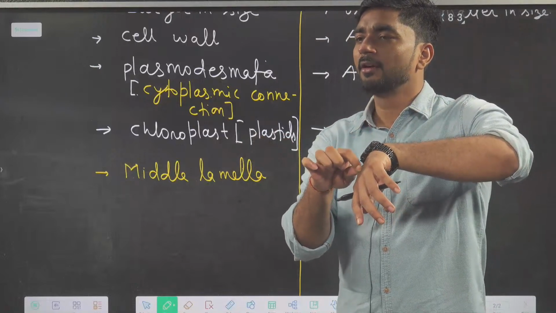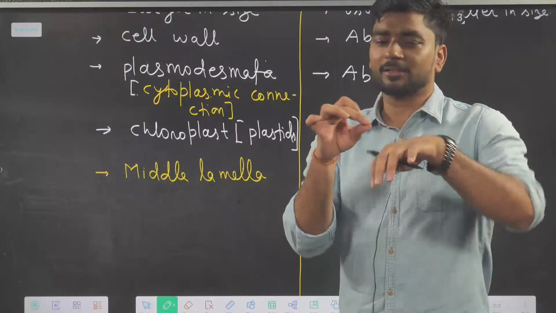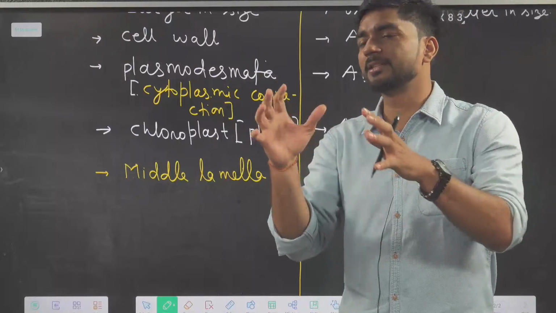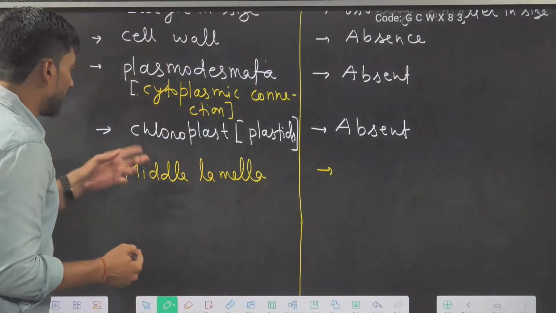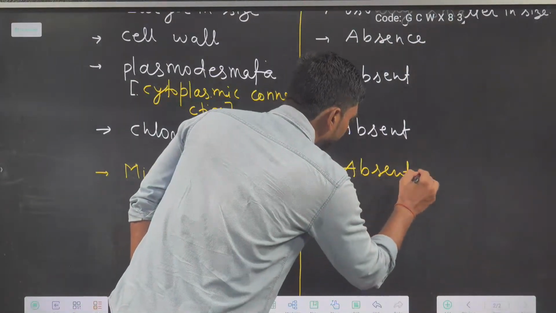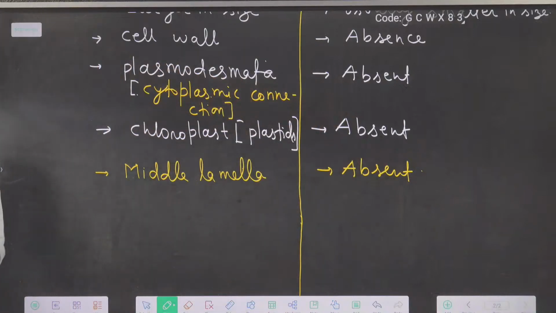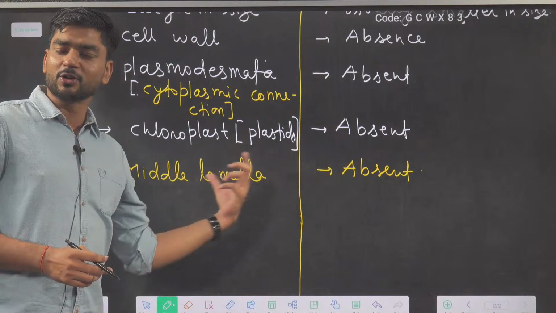Our skin is flexible. But if there is a middle lamella, we can't move like this. That's why it is absent. Okay.